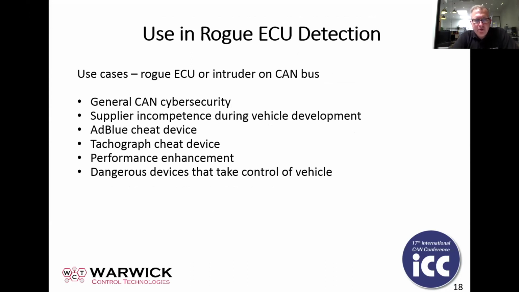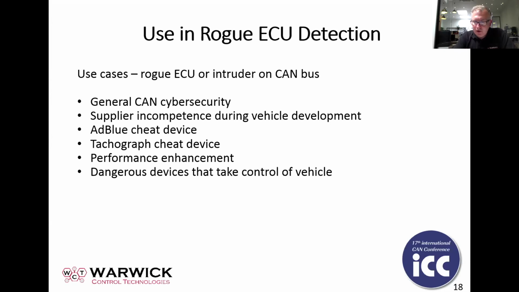We're getting to rogue ECU detection in the approach, and we've seen a number of things whereby this has been quite useful in projects we've worked on. So there could be CAN bus cybersecurity in general. There could be a reason you might want to do this.